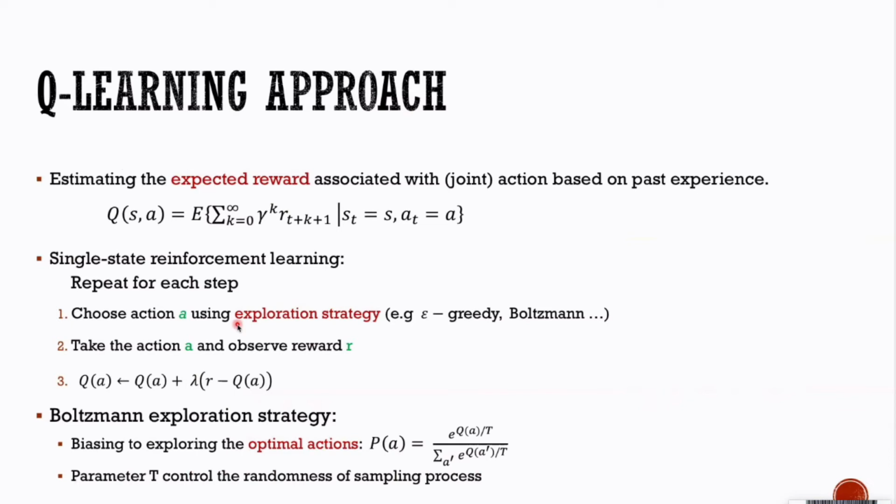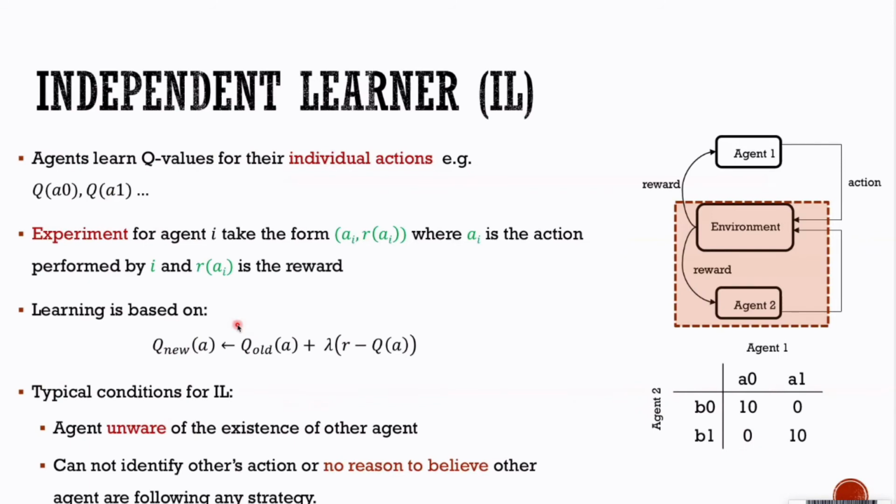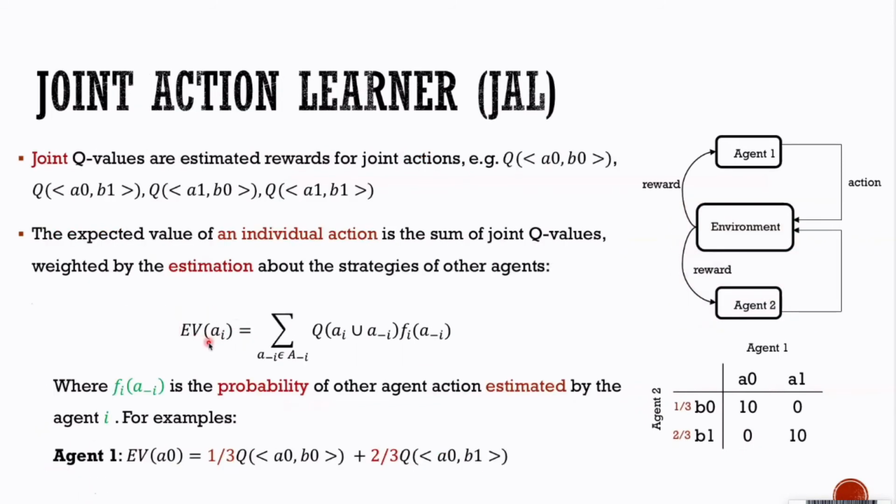For the independent learner, it just uses the Q value for that action, and for the joint action learner, it will take more information about the other agent's strategy in order to calculate that value, like in this function. So that is the main difference between the independent learner and the joint action learner. The second step and the third step remain the same.